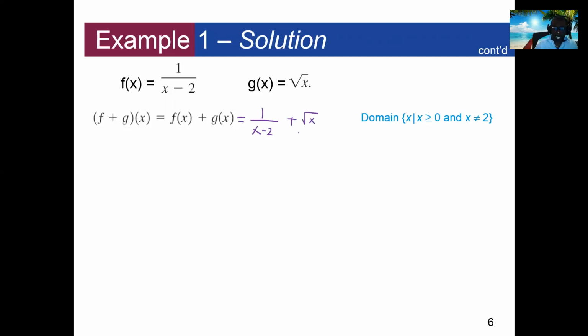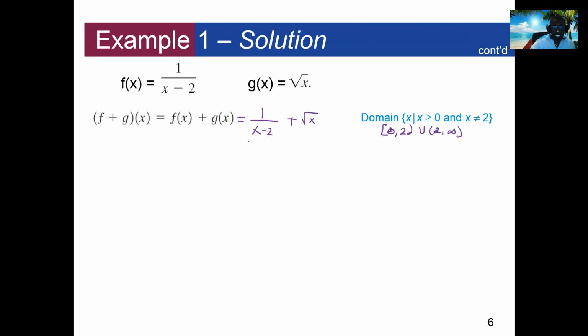Now, what's the domain? Again, like we explained, for g, x must be greater than or equal to 0, and x cannot be equal to 2. So the combination of that, if you write it in interval notation, is from 0 to 2, and then from 2 to positive infinity.